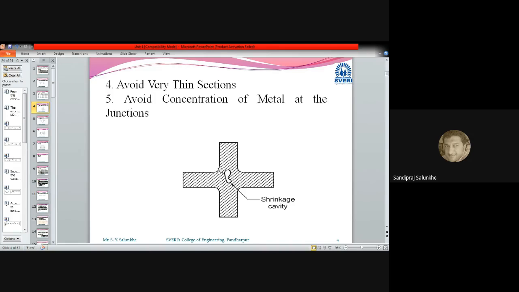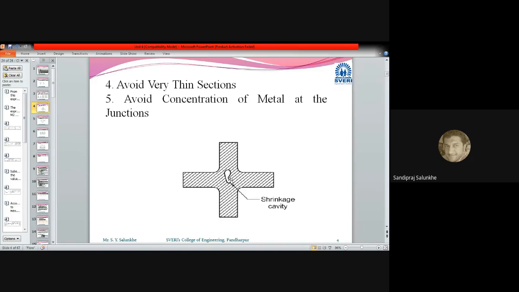And at this junction of these four ways, the material has concentrated, where we may have the possibility of blowholes or cavity. So we have to avoid it at the time of designing only. We can avoid such concentration of material.